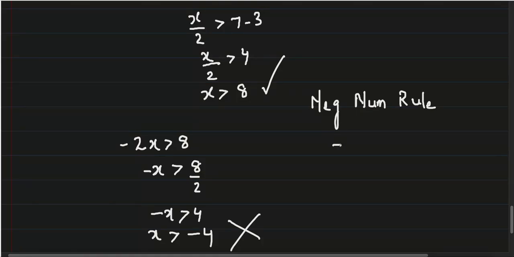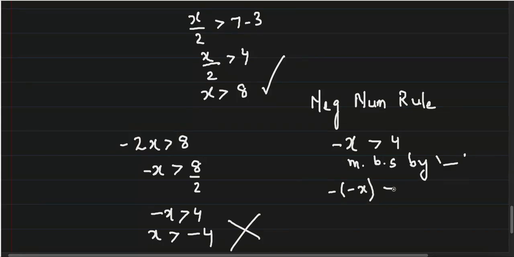So till here, negative x is greater than 4. You are multiplying both the sides by a negative sign. So here negative into negative becomes positive and negative 4, right? So x is greater than, no, you have to flip it, x is less than negative 4.